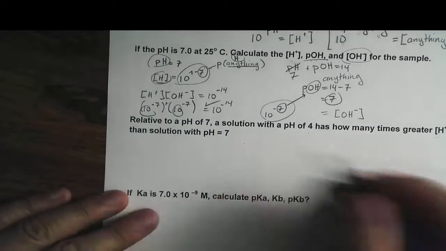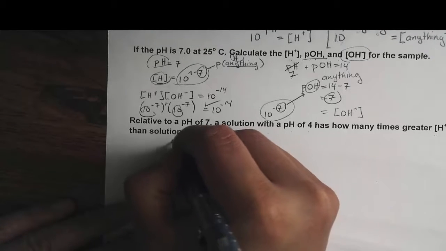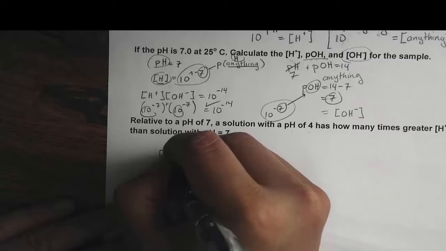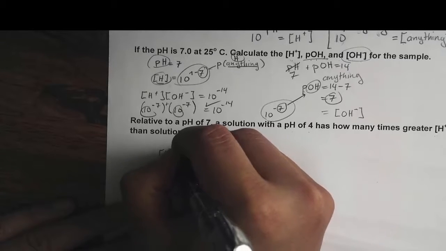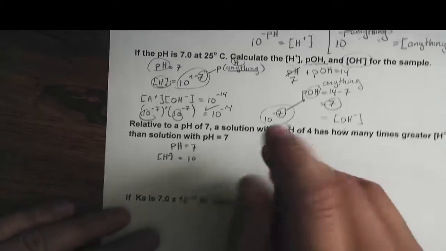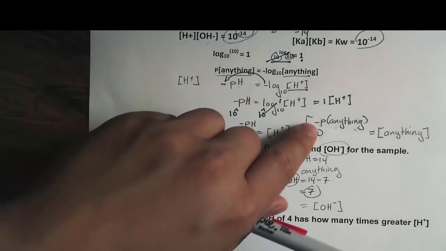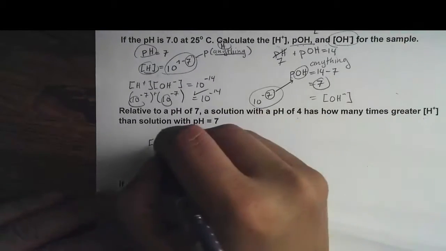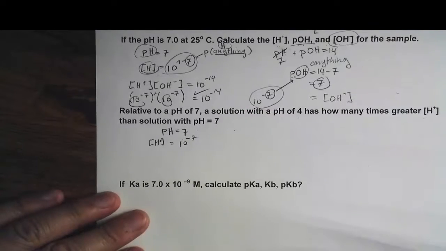How about that? So pH of 7, pH is equal to 7, okay? Of course, the concentration of H plus is equal to 10 to the power of negative p of anything, which is pH. So we have 10 to the negative 7.